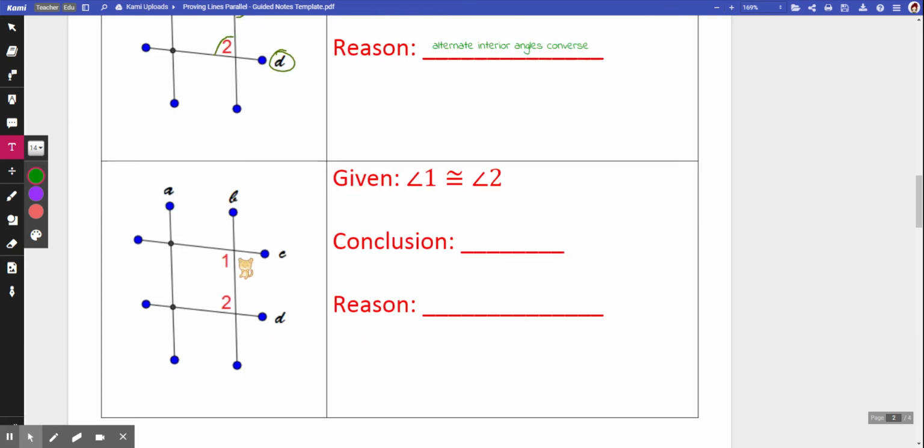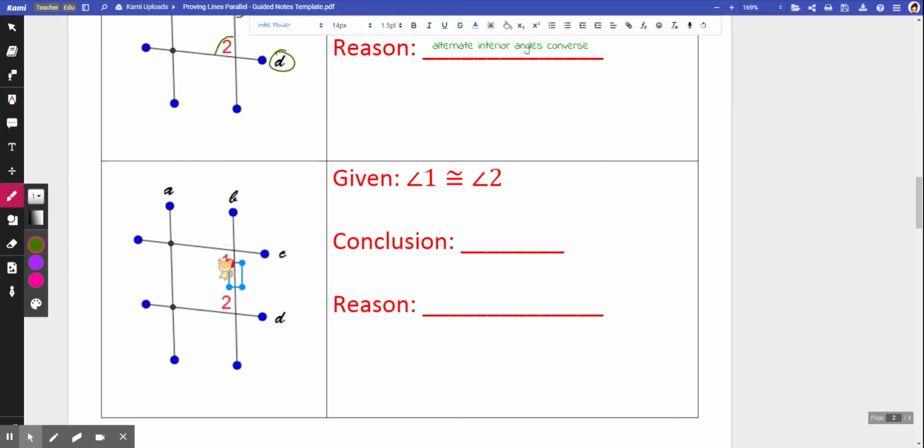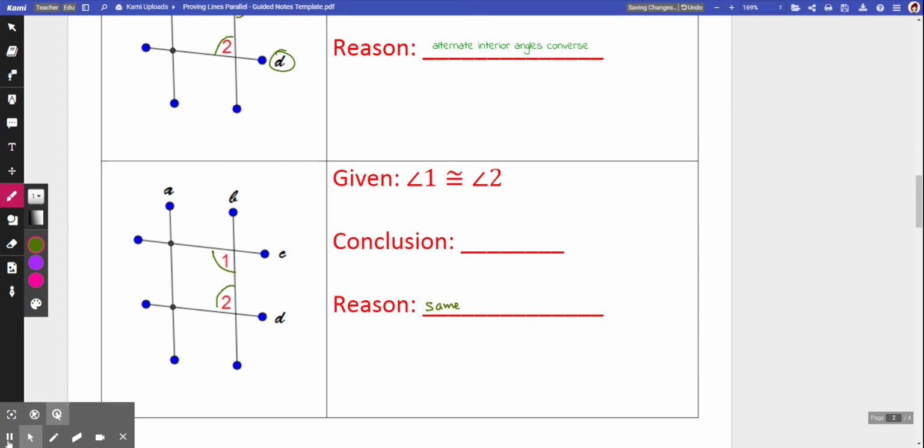Now, for this one here, I'm given that angle 1 is congruent to angle 2. Angle 1 and angle 2 are same side interior angles. But same side interior angles are supposed to be supplementary, so we can't conclude anything useful from this.